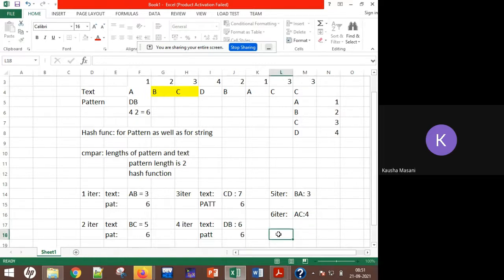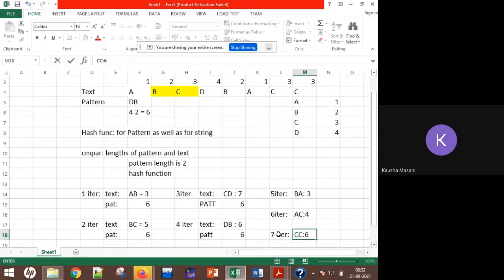Again, not matching. Seventh iteration, CC. The value is 6. Now my hash function values match for the pattern as well as for the text. So now you will go and check whether the characters of the pattern and your text are matching or not. In here, you have DB. There you have CC. So it is not matching, but the hash function matches.